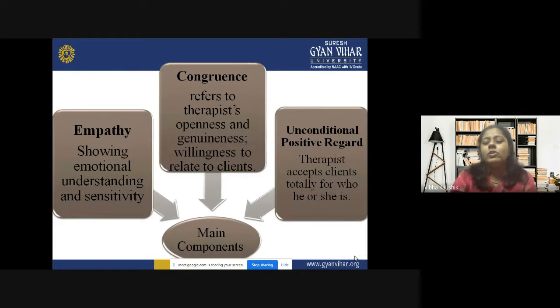The therapist accepts the client totally for who he or she is. Third one is empathy, showing emotional understanding and sensitivity towards the client.